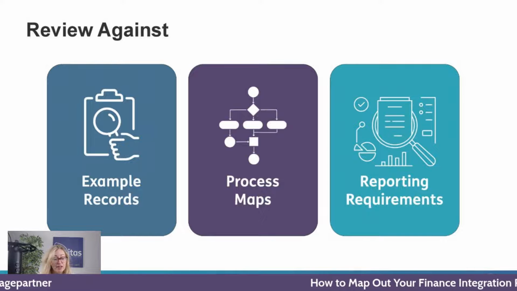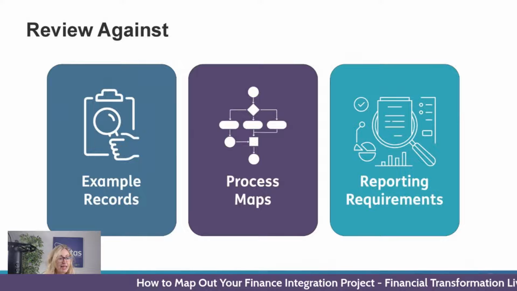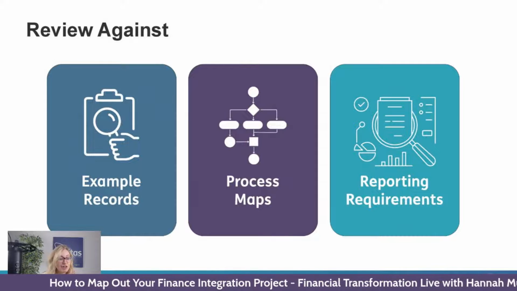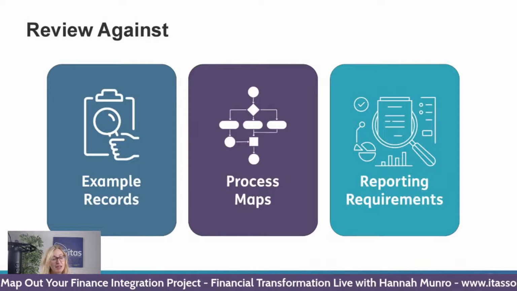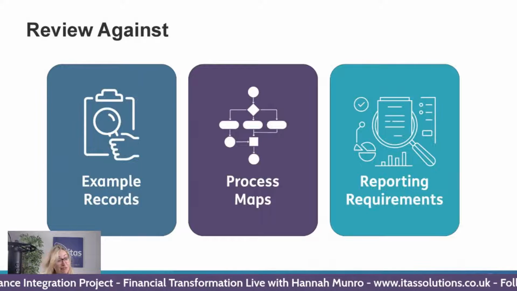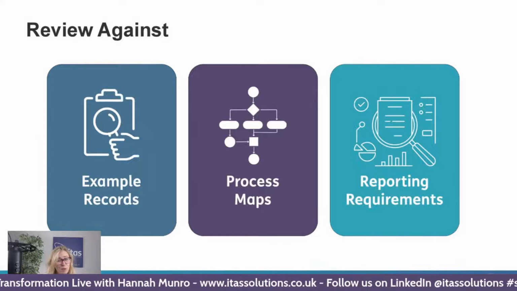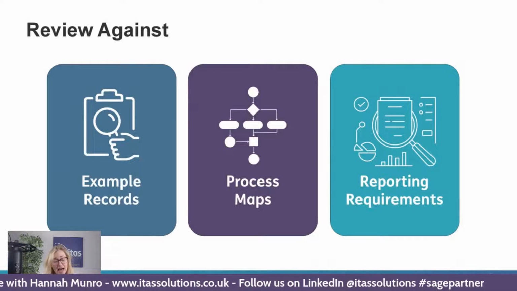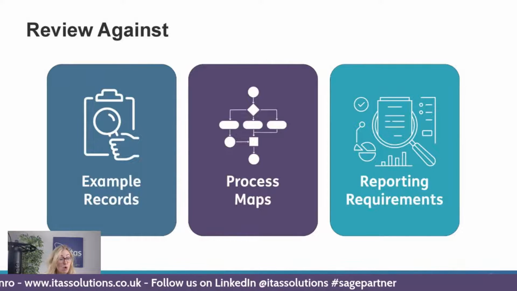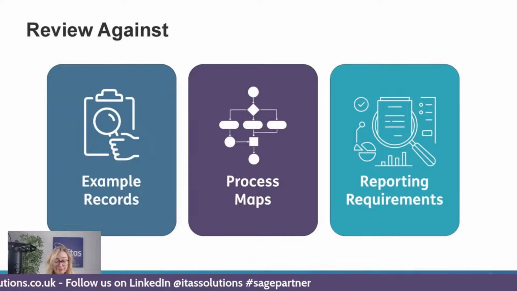So again, you need to make sure that your integration data sets deliver the right data into each system to deliver on your reporting requirements. And if you have gaps, now is a really good time to understand where that data sits now, where you need to get it into, how you get it in there, and what integration needs to change.